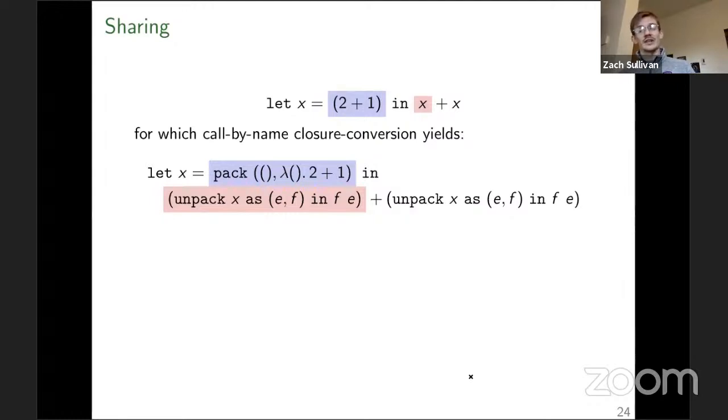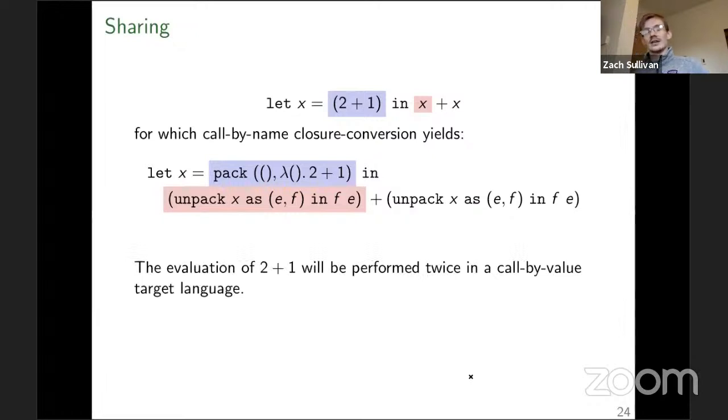And as we mentioned in the last section, the important language to evaluate this in is a call by value target language that doesn't create closures. In that language, this expression will be evaluated twice. So we've lost sharing and haven't preserved the semantics of call by need.